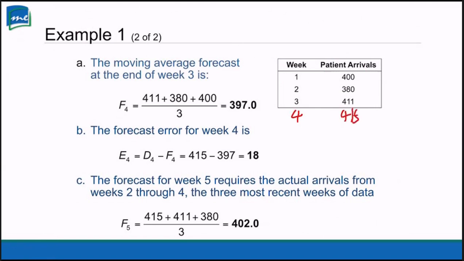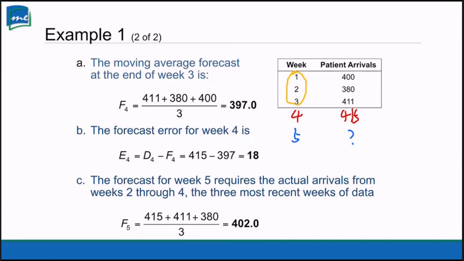So if we want to compute the week 5 patient arrivals, we need to consider the actual arrivals for weeks 2 through 4. For the week 4 forecast, we considered weeks 1, 2, 3, and if we want to make a forecast for week 5, here is the moving.